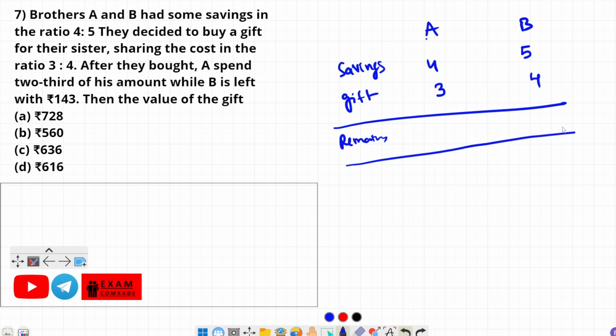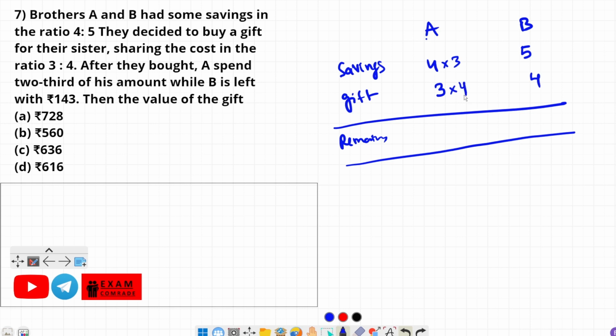Okay, we cannot simply subtract 4 minus 3 because he has given some relation between savings of A and gift of A. What is given is that A spends 2/3 of his amount. So first let's equate this 4 and 3. I'll multiply it with 3.